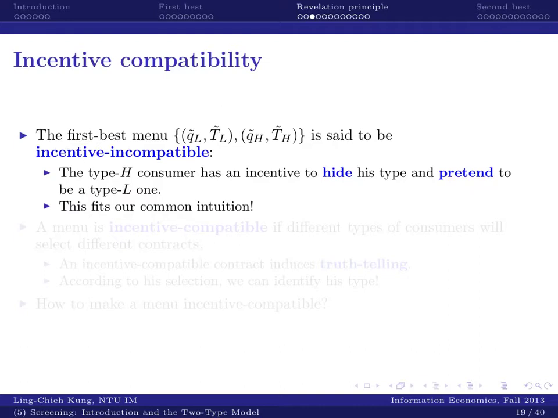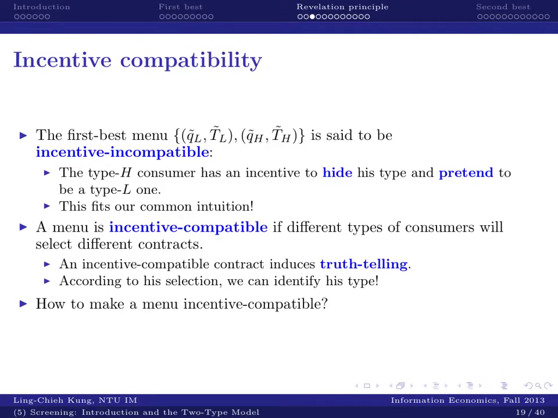If I want to pay $100, I will try to convince you that I only want to pay $20 at most. Okay? Type H consumer has the incentive to hide his type. So that's why he is not going to choose the contract intended for a high valuation consumer.